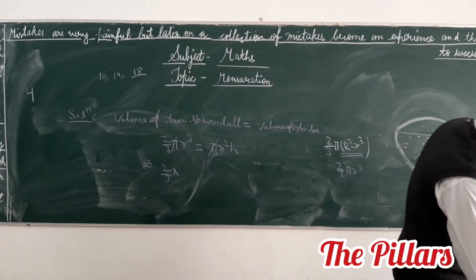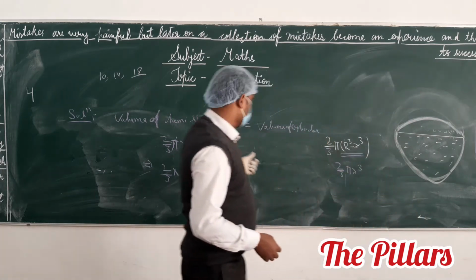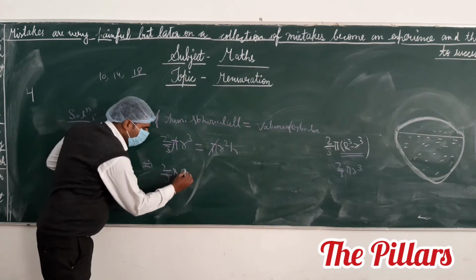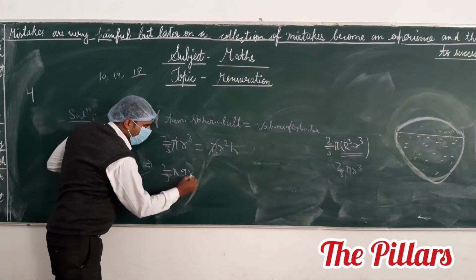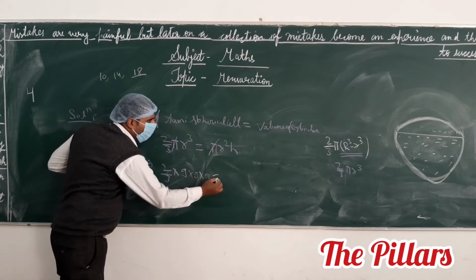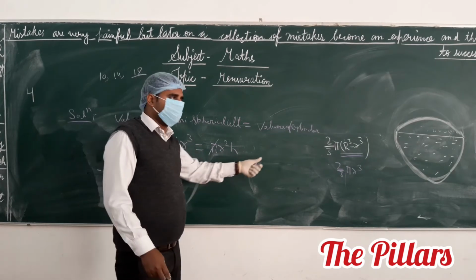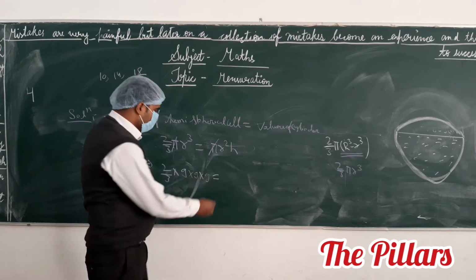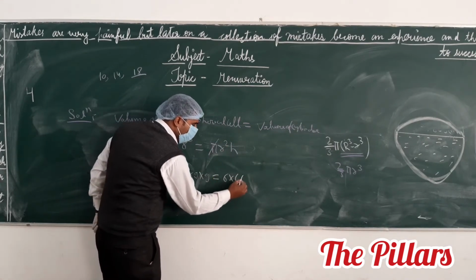729. Radius 9 centimeter, 9 cube is 729. It means 9 into 9 into 9 equals r square h. We want to calculate this h. Value of r is 6 into 6 into h.